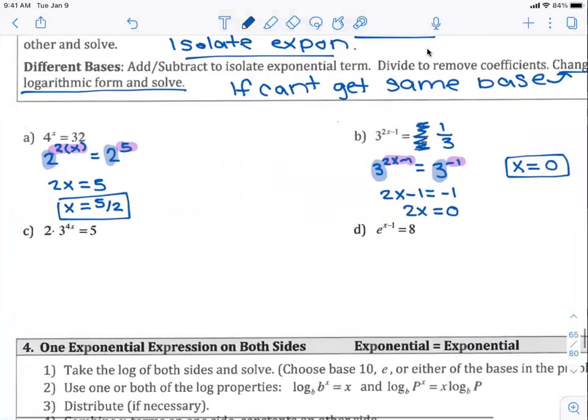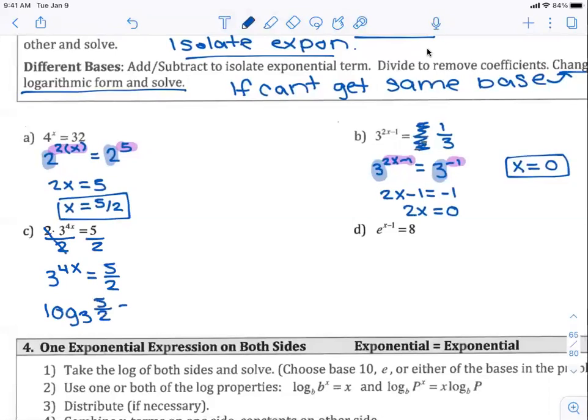Okay. This next example, I'm going to go ahead and divide by 2 to both sides. I'm trying to isolate that exponential. So 3 to the 4x equals 5/2. I cannot get 5/2 and 3 to be the same base. Not going to happen. When that occurs, you're going to go ahead and change into log form. So this is going to be log base 3 of 5/2 equals 4x.